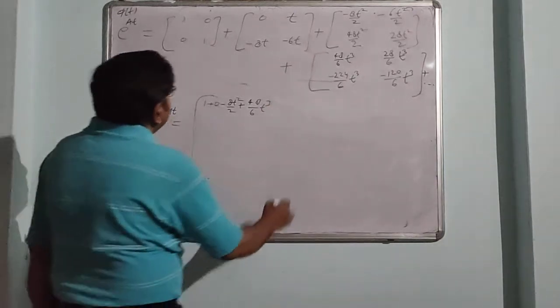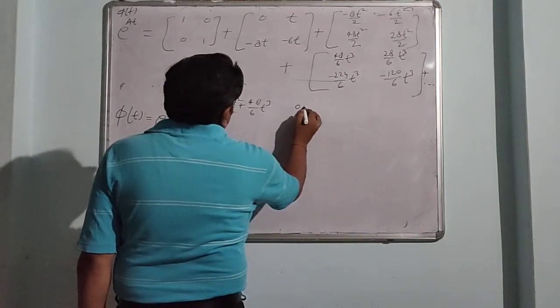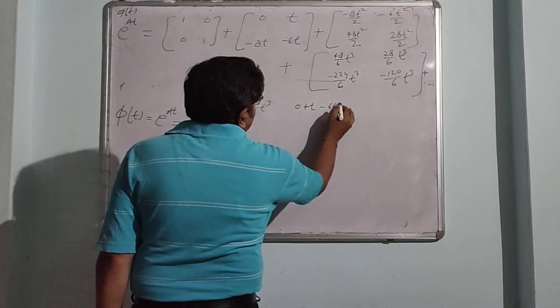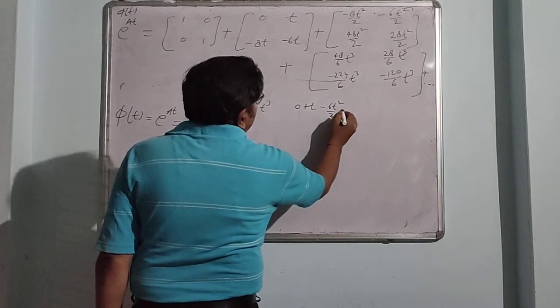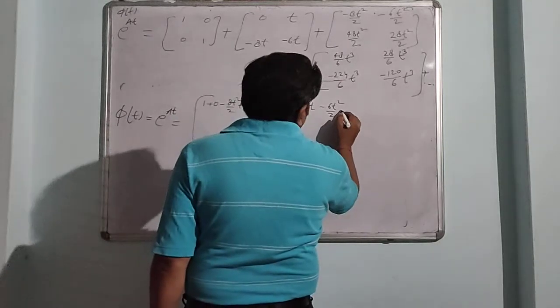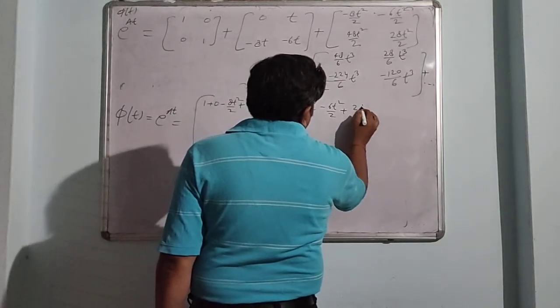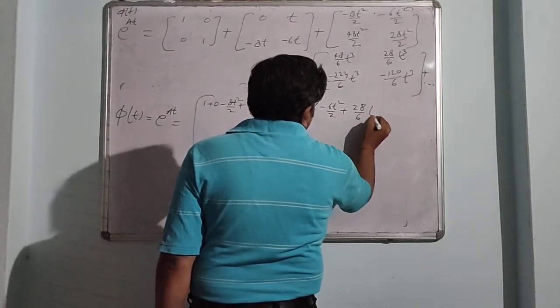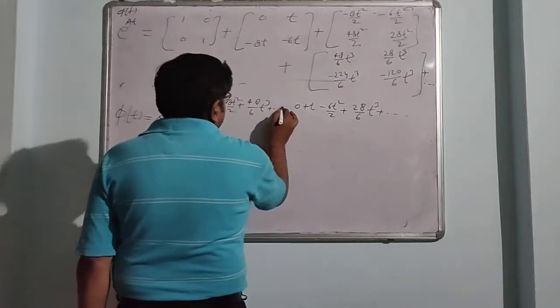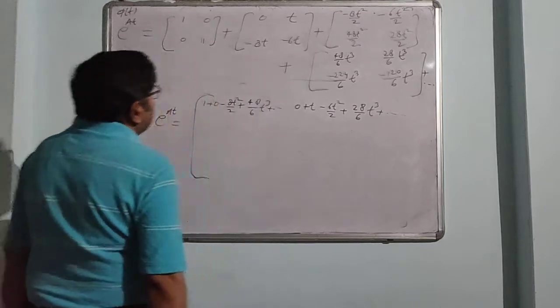Second term is 0 plus t minus 6t square by 2 plus 28 upon 6 t cube. Other terms are also present. So this is the second.